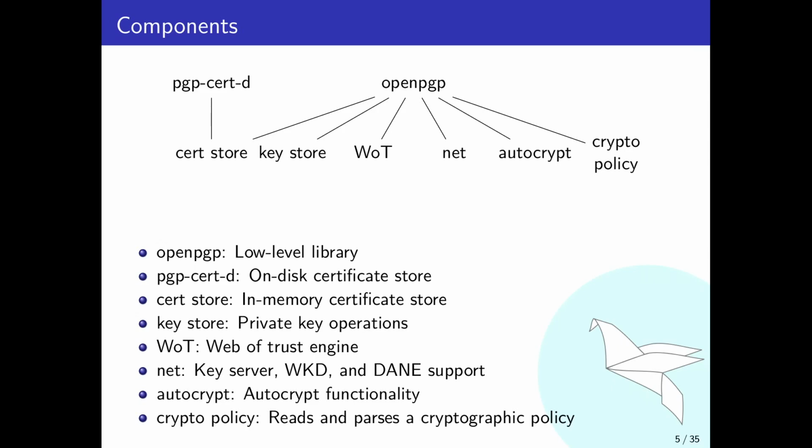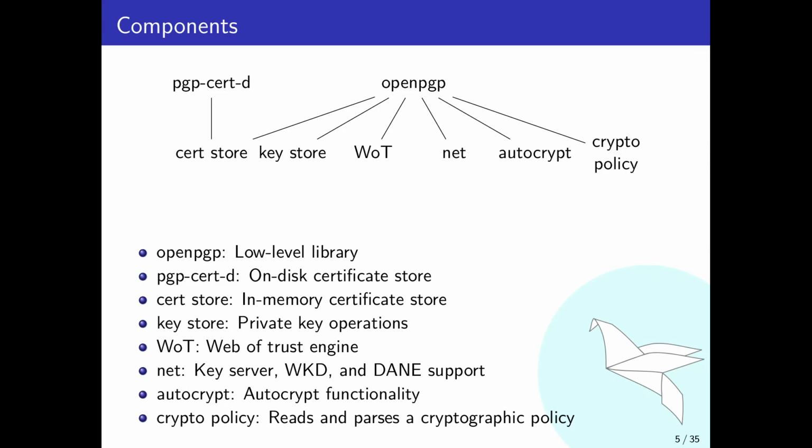And then on top of PGP cert D, we have cert store, which is the higher level Sequoia interface that manages things in memory and does it a lot faster. Then we have a key store for managing the secret key material, whether that be in a file on disk, or whether it be using an HSM like an OpenPGP card or a PKCS11 token.